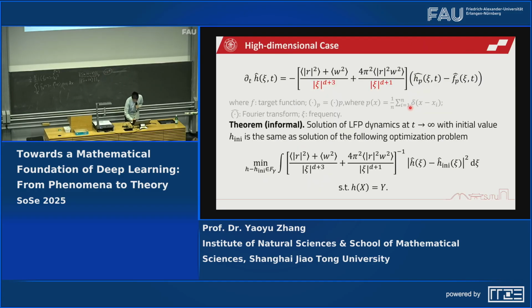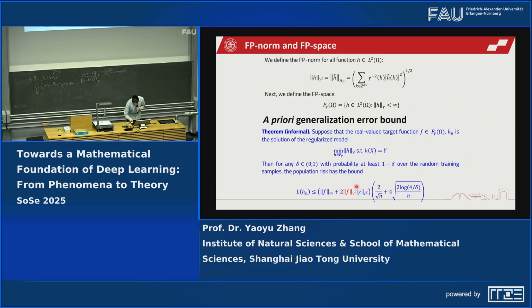So from these results, if your target is high frequency, and you fix the number of samples, n samples, if your target has higher frequency components, then the generalization error becomes large. Otherwise, if it's lower frequency, then its generalization error is relatively low.